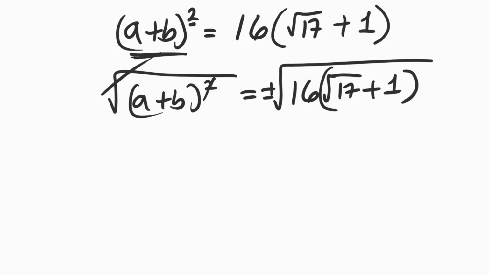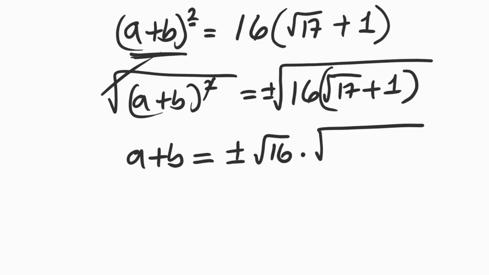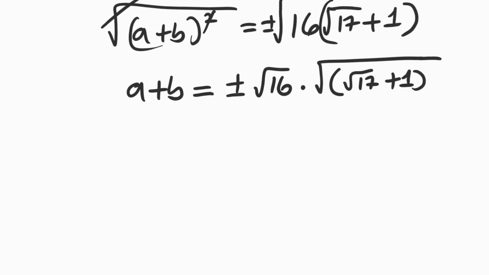So these two cancel, and we have a plus b equals plus or minus root 16 times the root of, bracket, root 17 plus 1, bracket close.